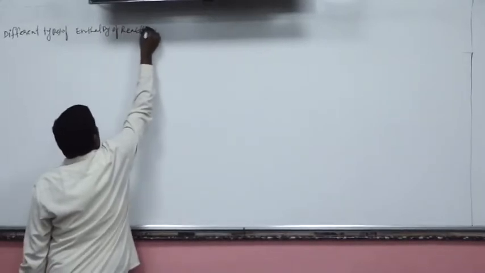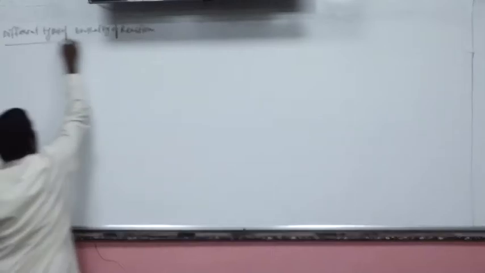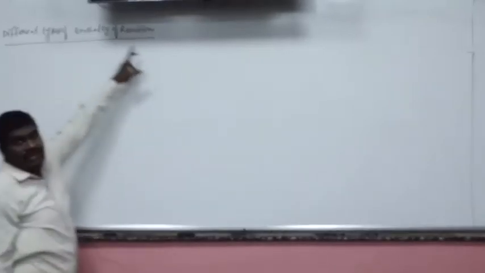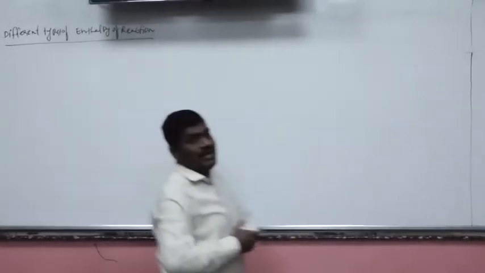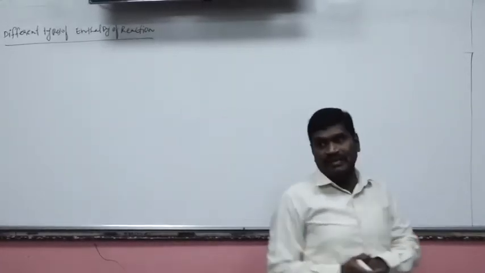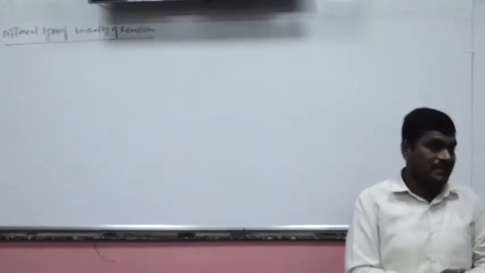So this is the main question in thermochemistry. In thermochemistry, basically we have to cover different types of enthalpy of reaction and how to calculate the enthalpy of reaction, isn't it?